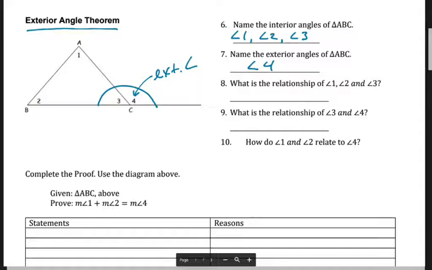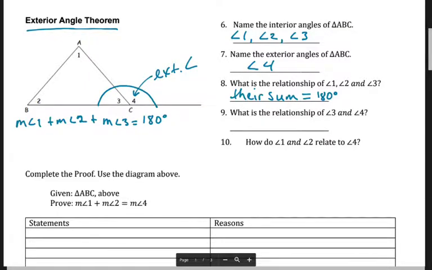All right, it asks me, what is the relationship between angle 1, 2, and 3? Well, their sum is 180 degrees. We learned that from the last theorem we just talked about. So the measure of angle 1 plus the measure of angle 2 plus the measure of angle 3 should equal 180 degrees. What is the relationship between 3 and 4?